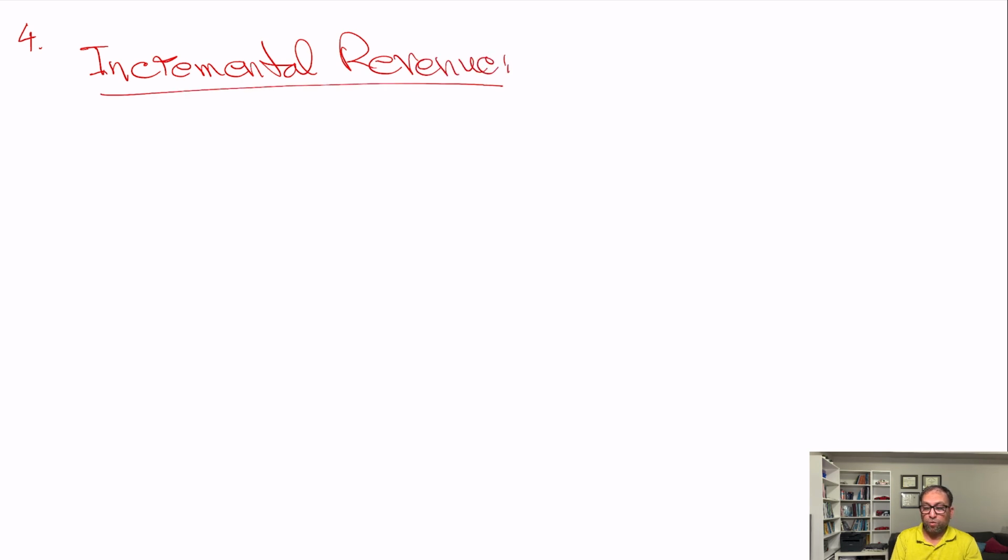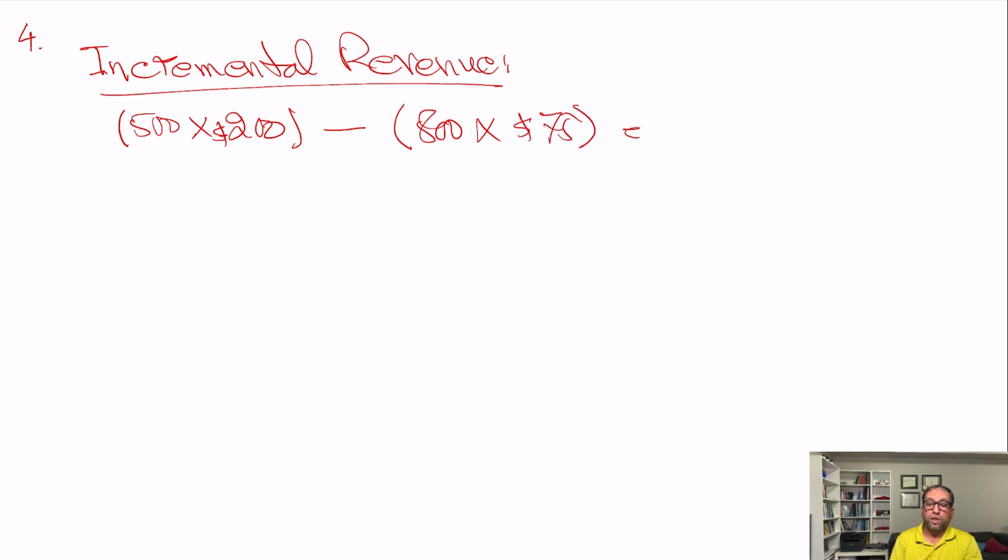Incremental revenue is that if we are selling 500 PVC at the price of $200, minus we can sell 800 tons at the price of 75 per ton, so that's our incremental 40,000.